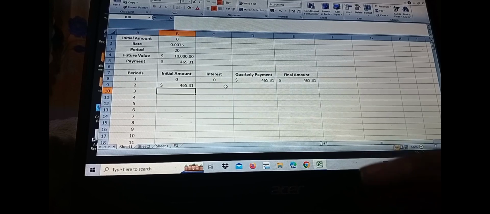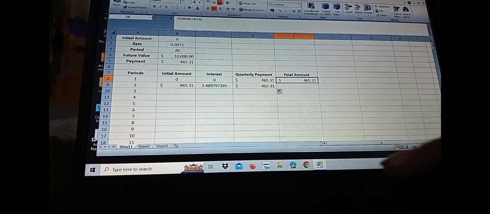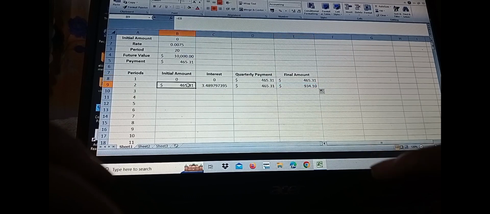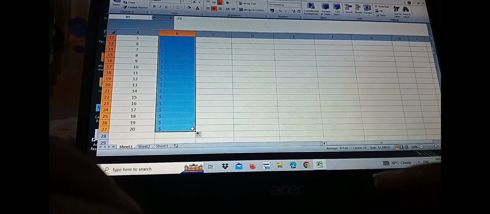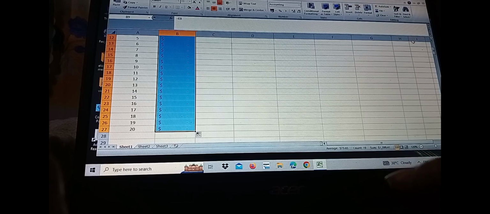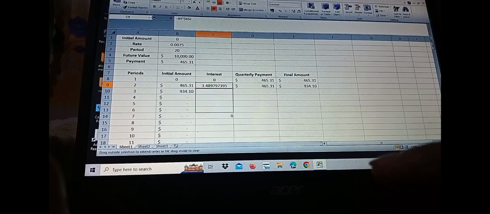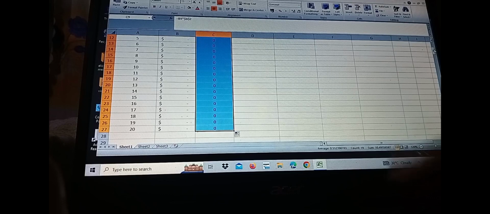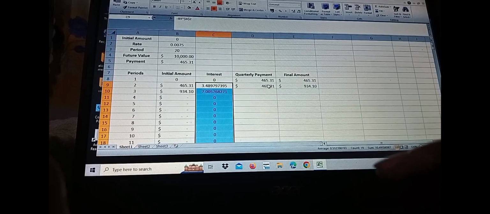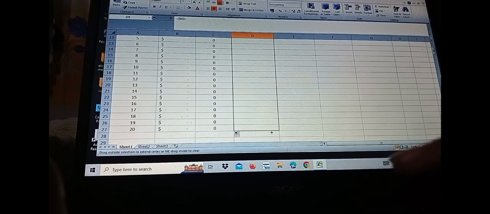So we have 465.31, and to make it easier, we drag it down until the 20th period. Then next is the quarterly payment, which we also drag down until the 20th period.